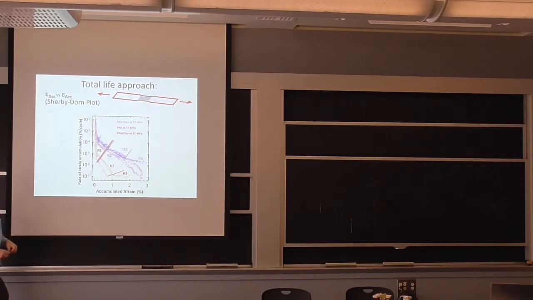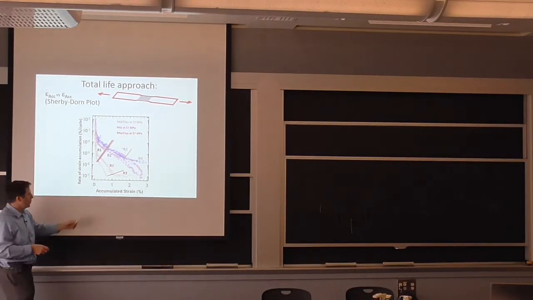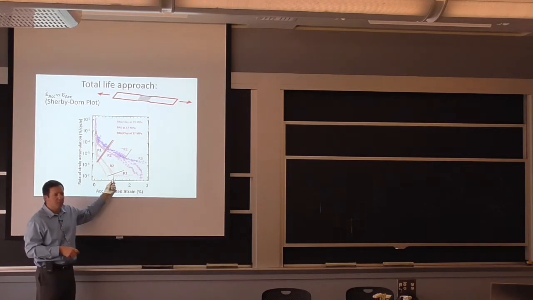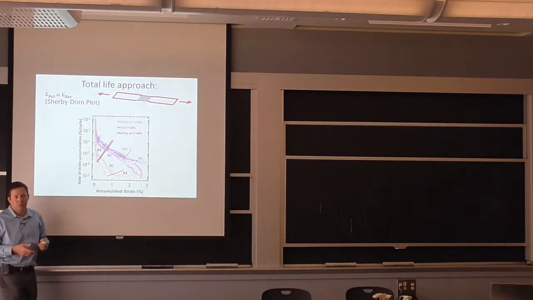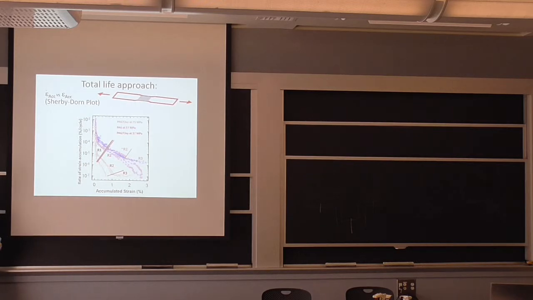These experiments were only a couple days long. What happens is your strain all of a sudden becomes constant. So this is, I think, a good example of reaching viscous behavior, where now all of a sudden it doesn't matter how much strain you have, you're starting to have a strain rate that is constant over time.